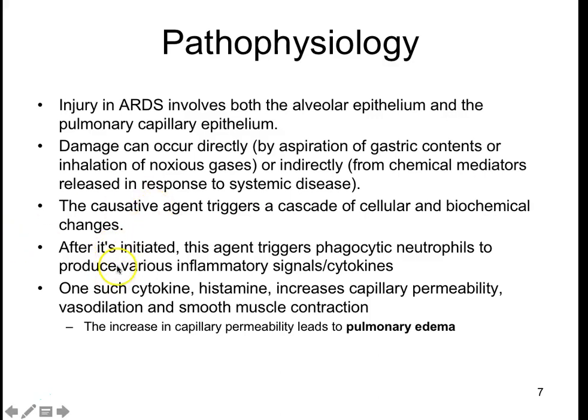The vomit is going to trigger inflammatory cytokines or signals such as histamine, and that is going to exacerbate the pulmonary edema.